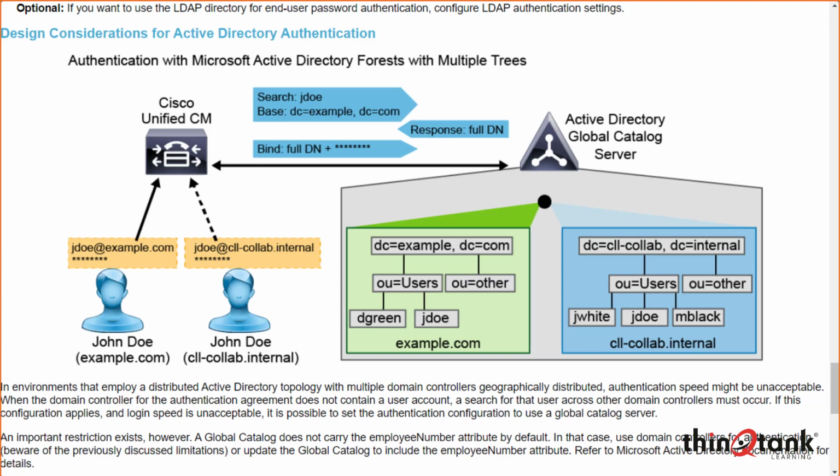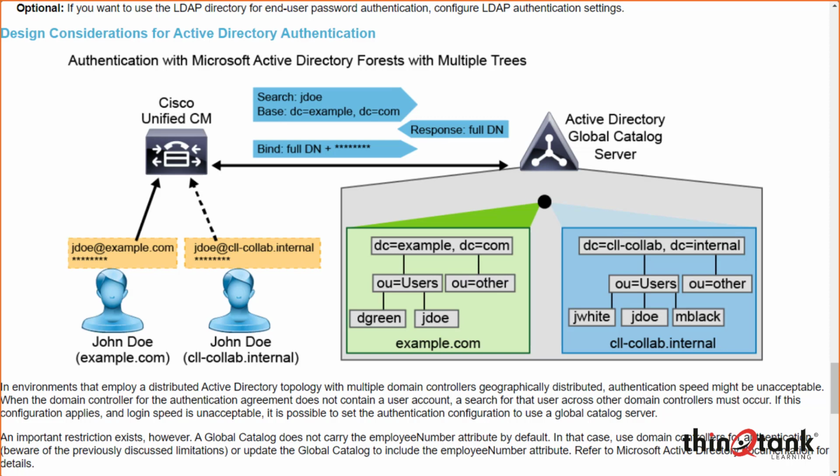If we're using a domain controller for the authentication agreement, if it doesn't contain that particular account, searching for that user across all of the other domain controllers has to take place. And that could change how quickly the interaction occurs with the end user itself.